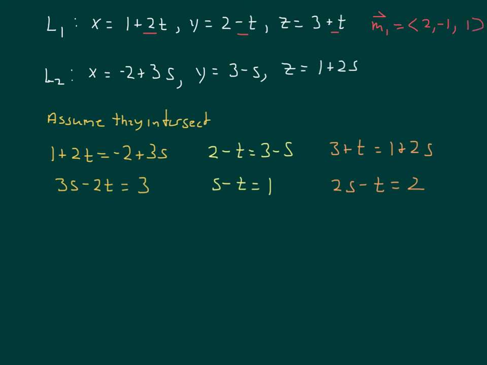Now when I look at my second line, the coefficients on the parameter, which in that case is s, are 3, -1, 2. So my second slope vector here is the vector 3, -1, 2.